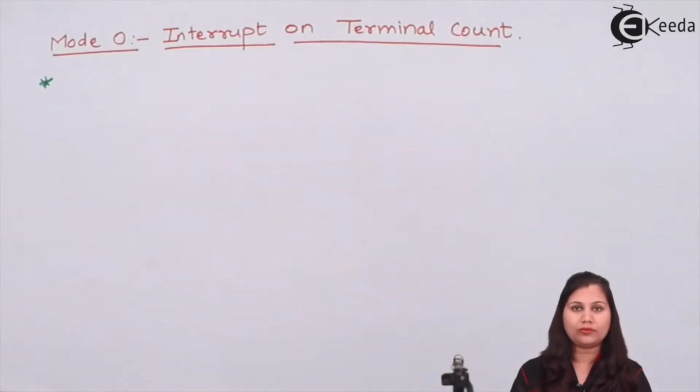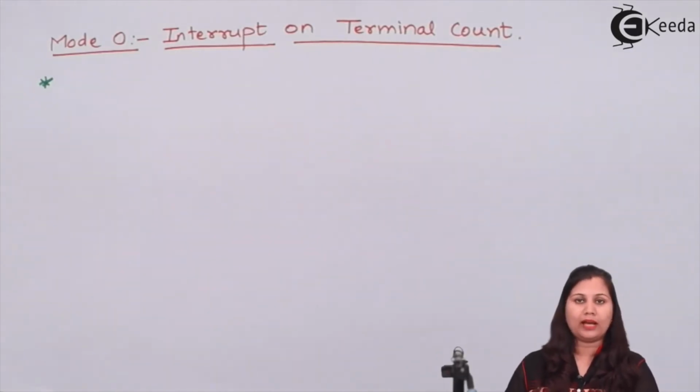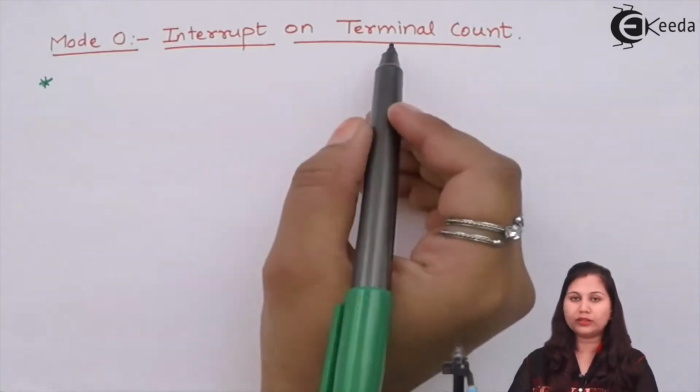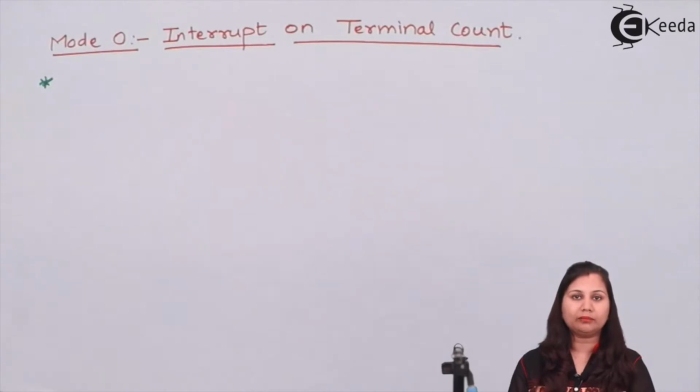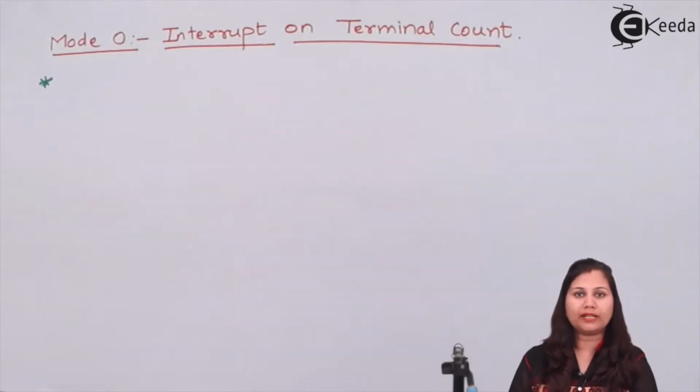So when the count is initialized, then at every clock pulse it will be decremented till its value becomes 0, and the value of the count when it is 0 is called the terminal count, and when the terminal count is reached, the timer is going to produce an interrupt pulse. A pulse will be generated that is going to interrupt the microprocessor. So this mode is used to generate an interrupt for the microprocessor.